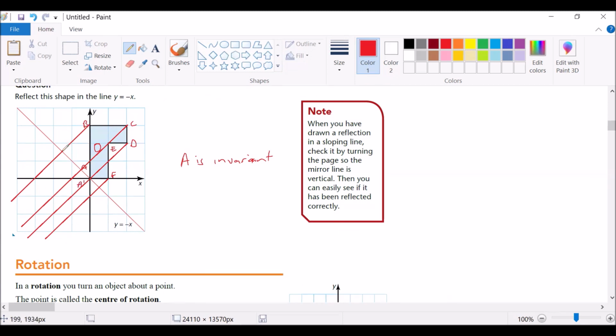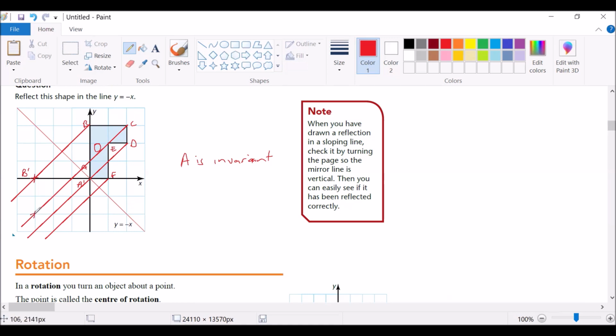Now for our point B, we can see it's a half diagonal and a full diagonal. So we go behind the mirror line, half a diagonal and a full diagonal. So our point is here. So we have our B bar. For our C, we have one diagonal, two diagonals, and a half. So behind, we take this half diagonal, one diagonal, and two diagonals.